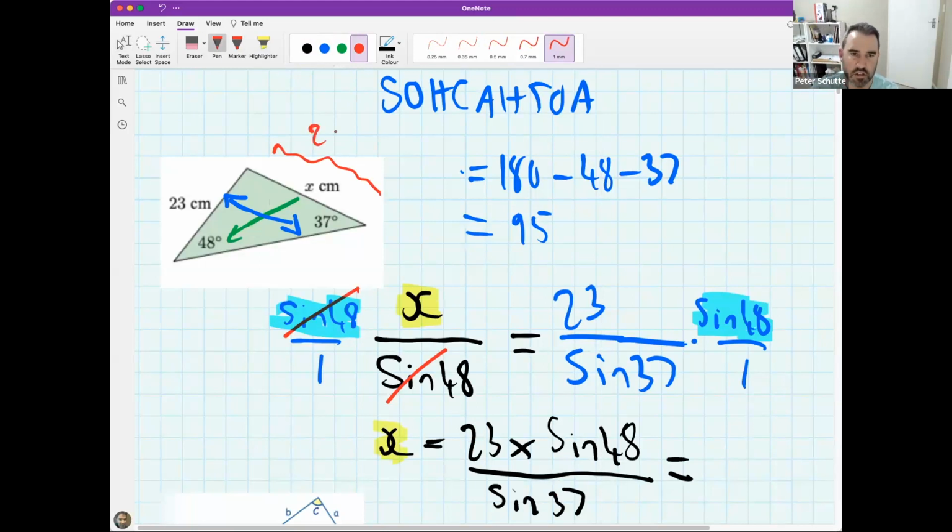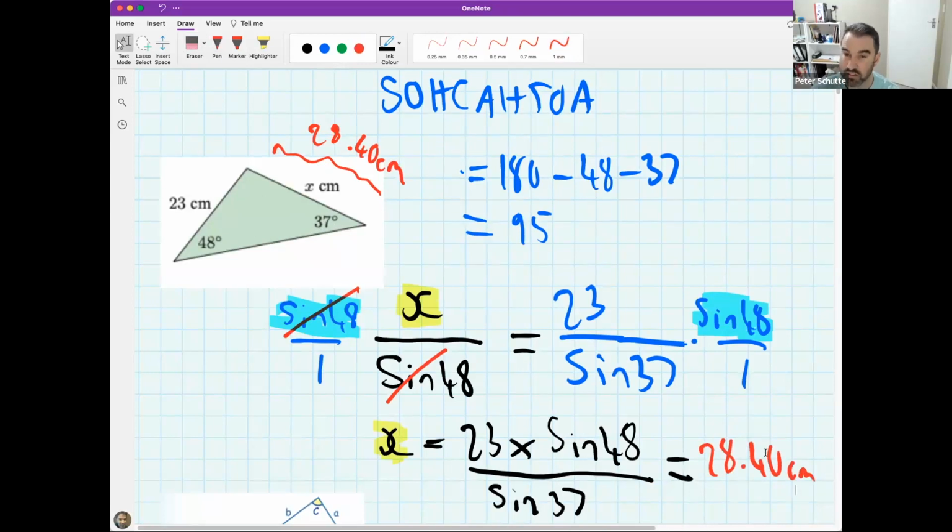And you should get 28.40 centimeters. And that makes sense because 37 is a smaller angle, and that side is smaller than the final answer you got here, which was 28.40 centimeters. So it's really actually not that tricky to do this.